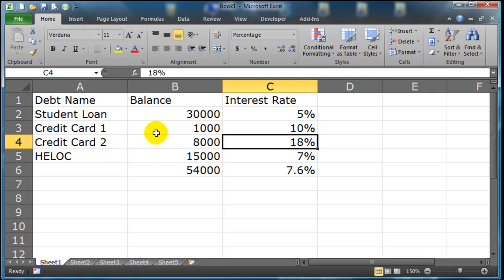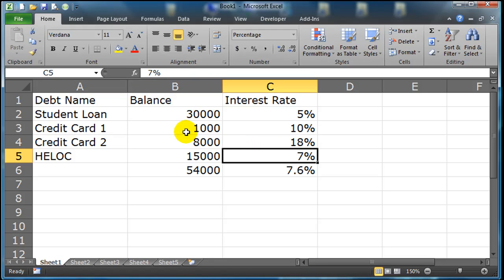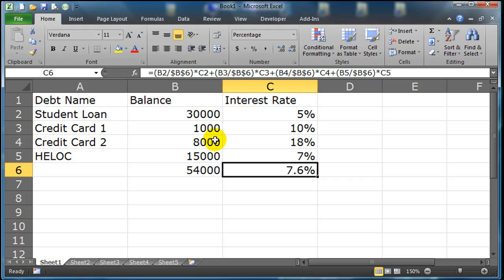Others might say target the debt that has the smallest balance. If you pay off the one with the smallest balance, you feel good about yourself because you now have fewer debtors, and that's kind of nice. So there are different approaches. Not one way is 100% right, but you do the technique that feels good to you. But once you know the weighted average, you have a better picture of how getting rid of some debt versus other is going to affect your overall interest rates.